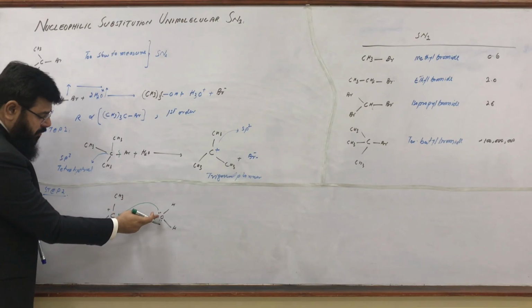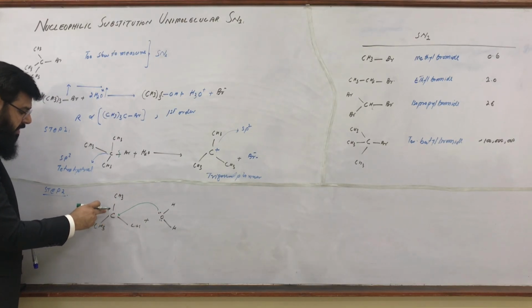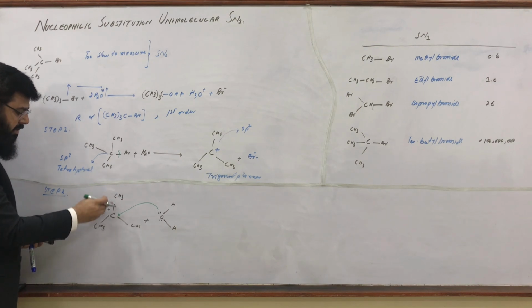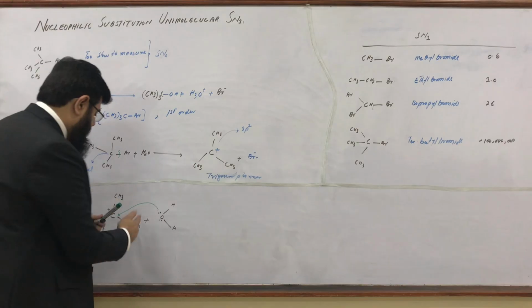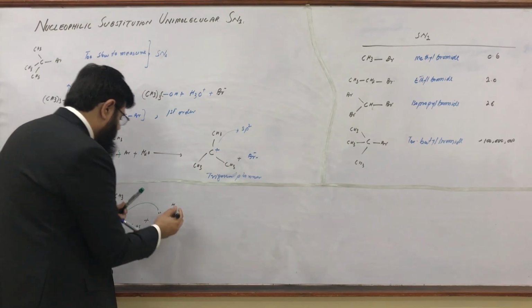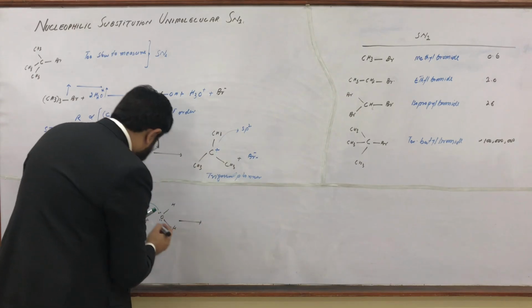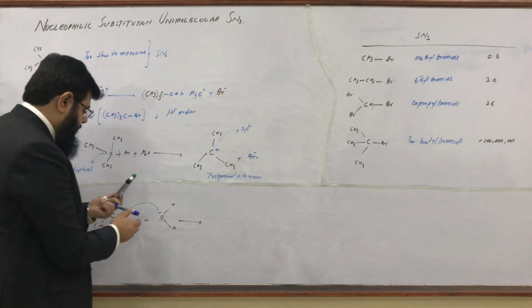It has equal opportunity to attack from the front, and similarly the water molecule can attack from the back side of this planar carbon, and consequently we obtain another species called an alkyl oxonium ion.